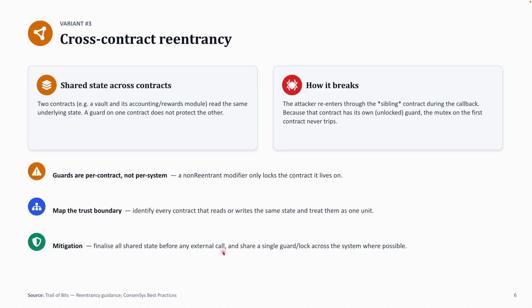As said before, if there are 4 contracts that access the balances mapping, then you must finalize all shared state across these 4 contracts before making any external call, and share a single guard or lock across the system where possible. Doing so, you can mitigate the cross-contract reentrancy.